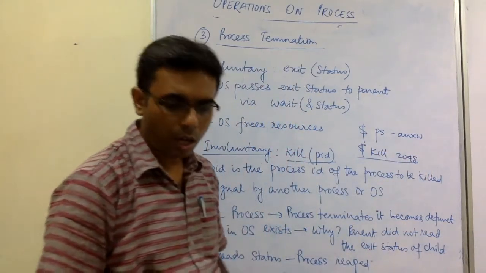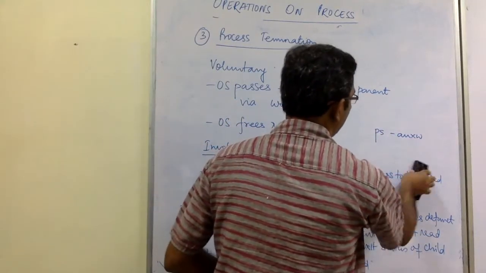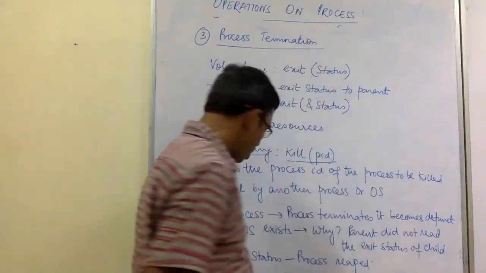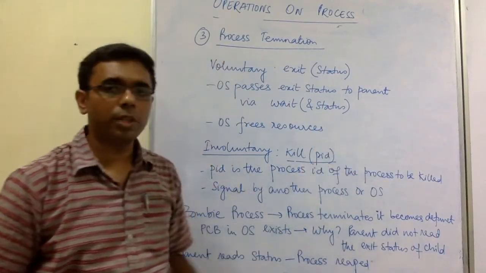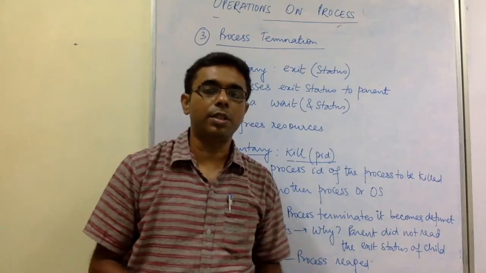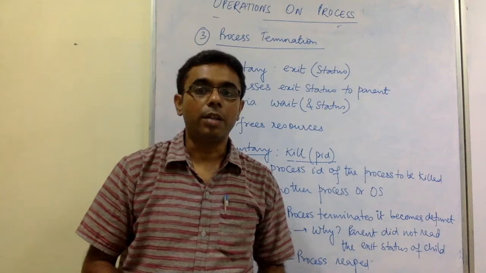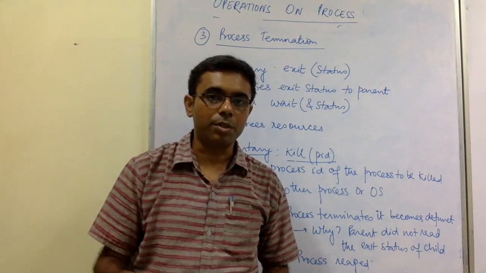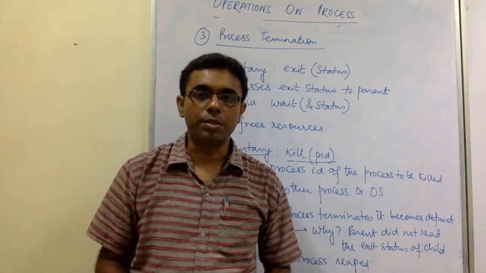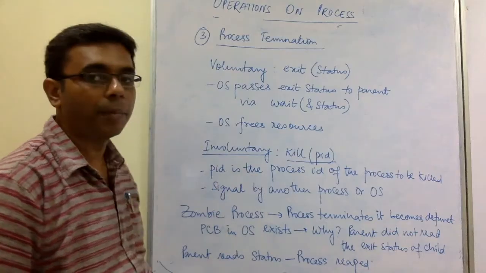The moment you type in this kill, a signal is sent to that particular process that it needs to be terminated. So the OS forcibly terminates that process and takes back all the resources given to it. That is how process termination happens.